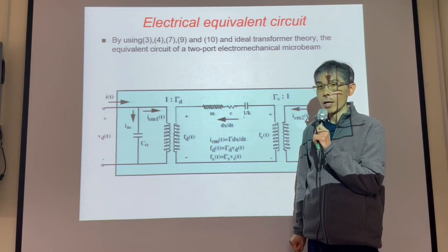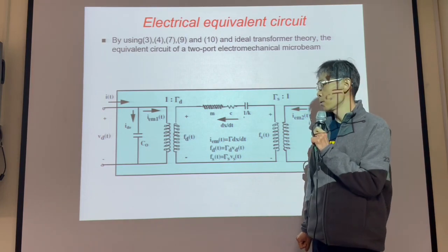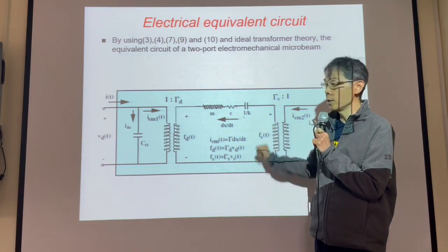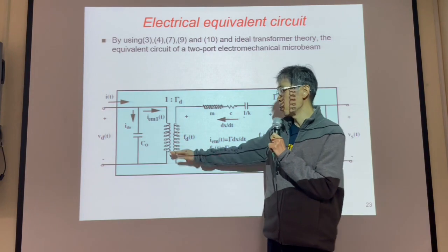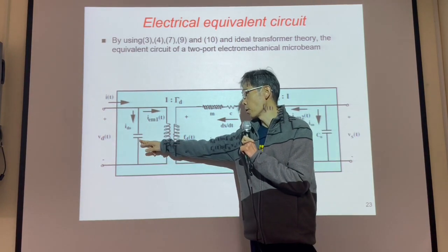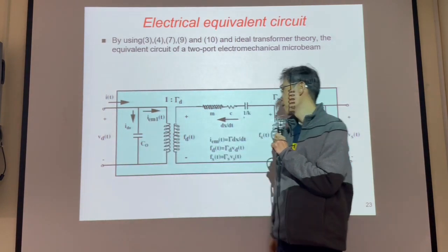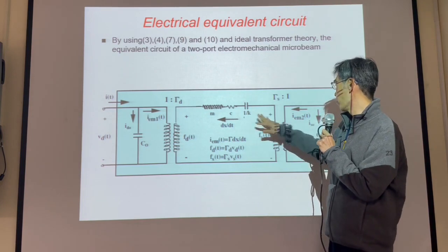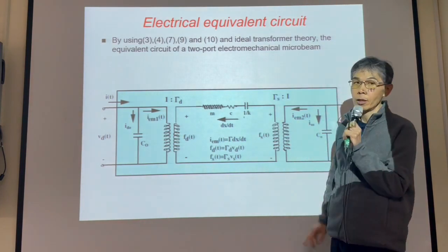We can use LTSpice to simulate this system because in LTSpice, we have transformer, we have capacitor, we have power supply. We have all the components we need in LTSpice.